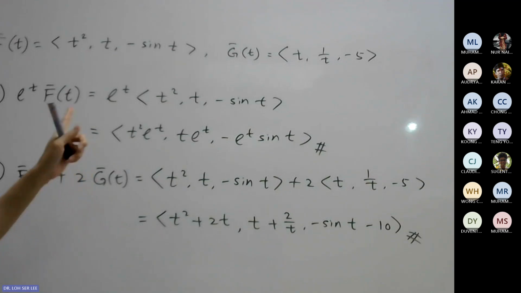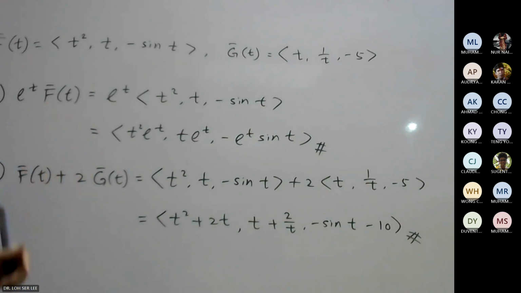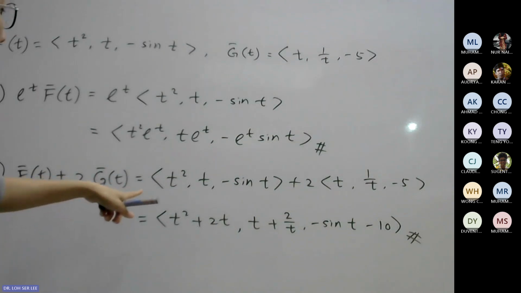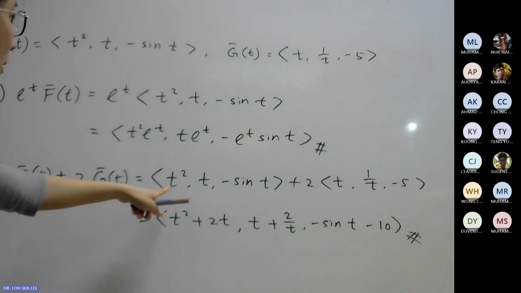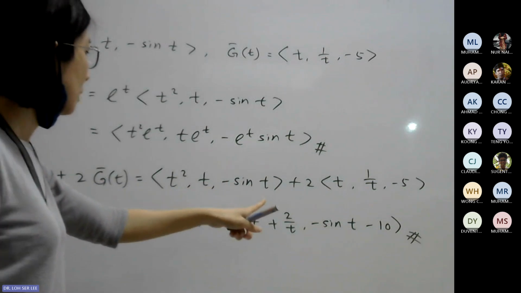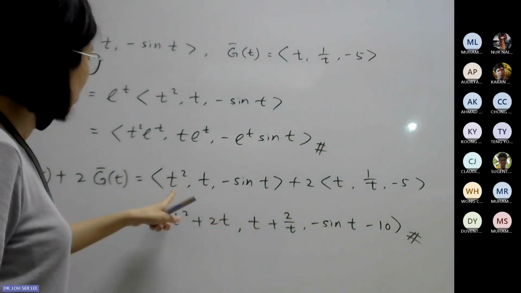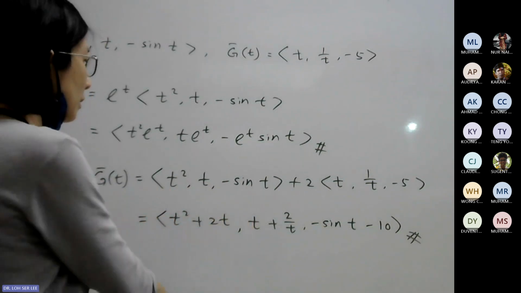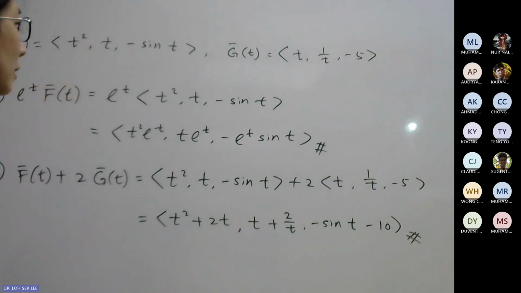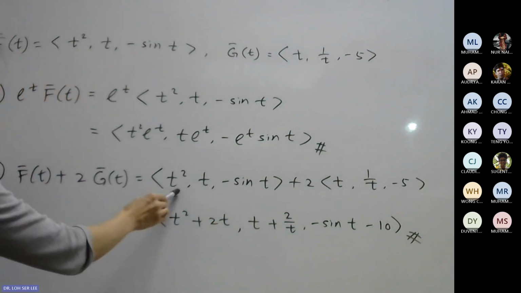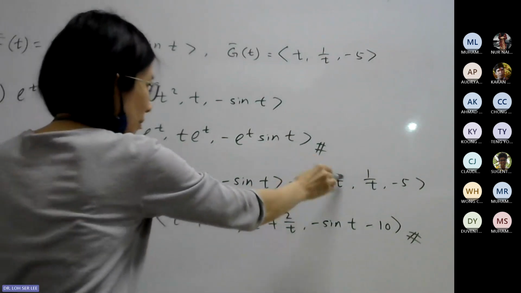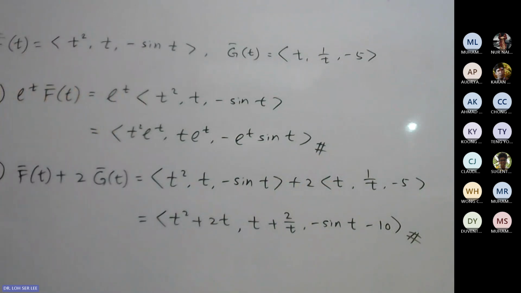Okay, any questions? Number two, after you multiply the scalar with the vector, this one plus this one multiplied into the t.